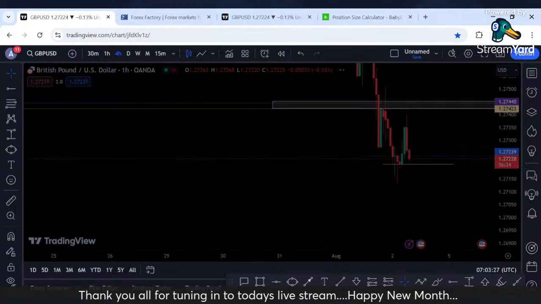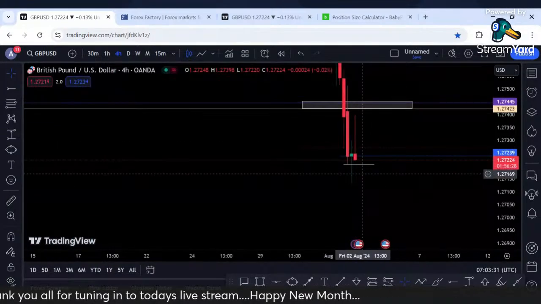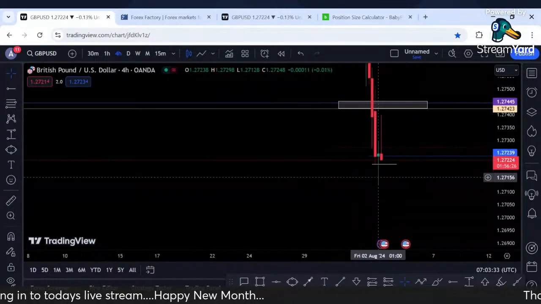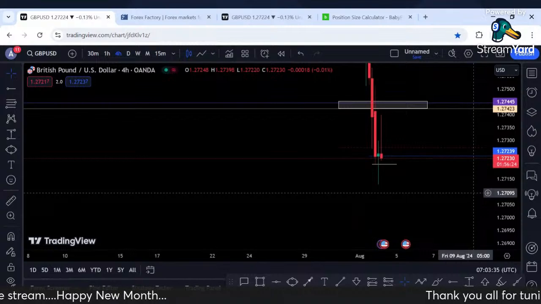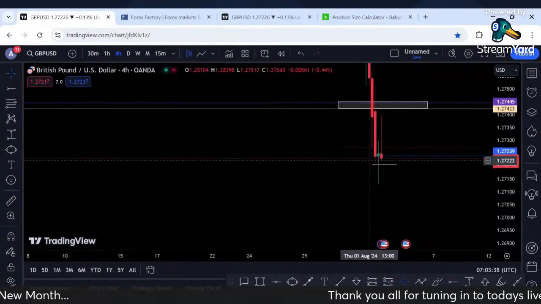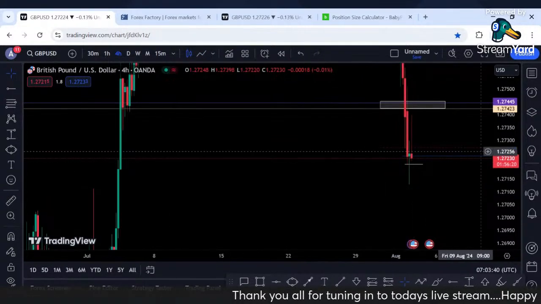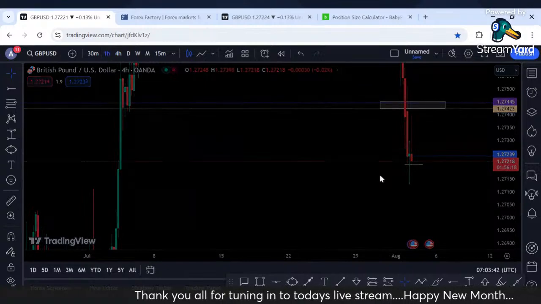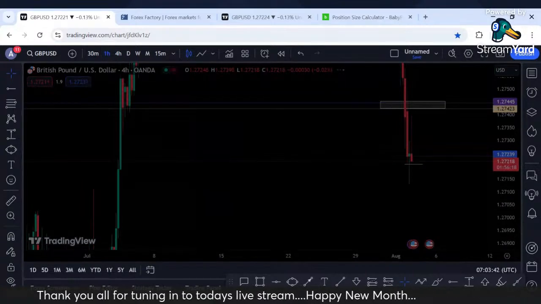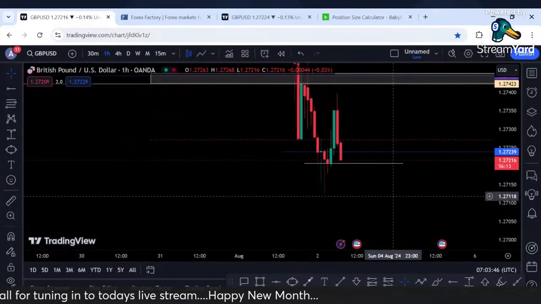If it breaks, that means what? The H4 candle is going to flip bearish. The thing is breaking.